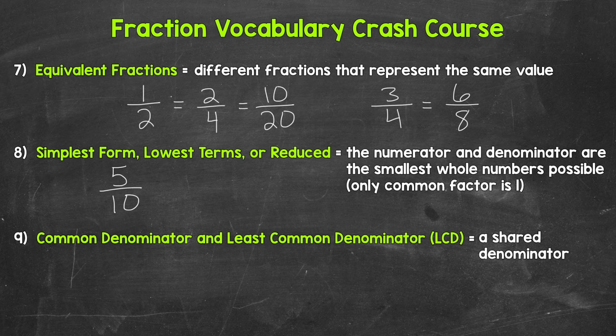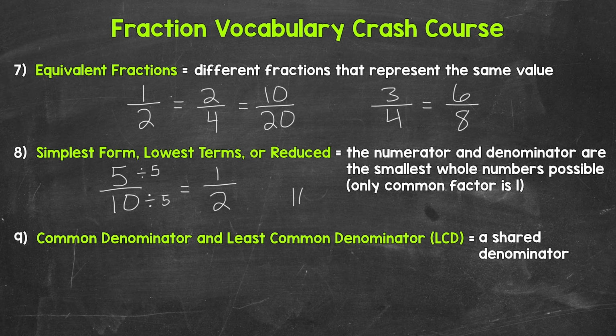We can simplify this fraction by dividing the numerator and denominator by the common factor of 5, meaning we need to divide 5 by 5 and 10 by 5. 5 divided by 5 is 1, and 10 divided by 5 is 2. The only common factor between 1 and 2 is 1. So this is now in simplest form.